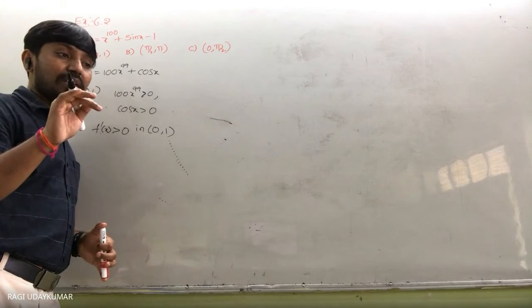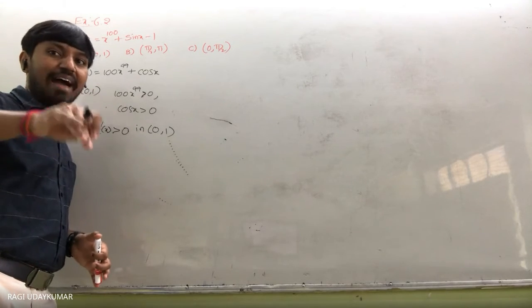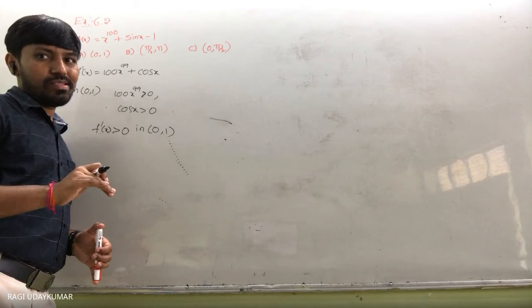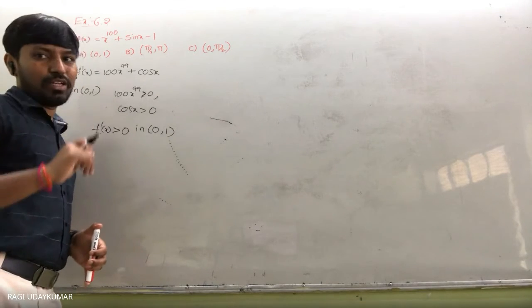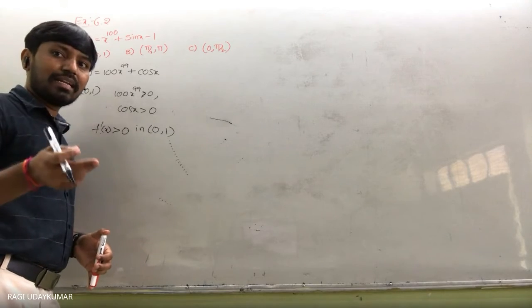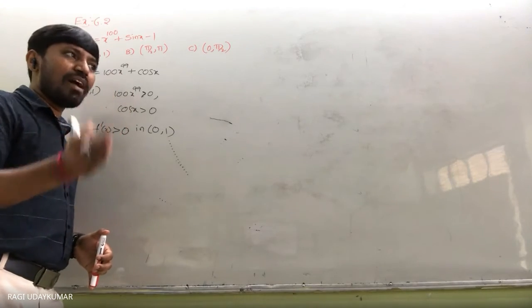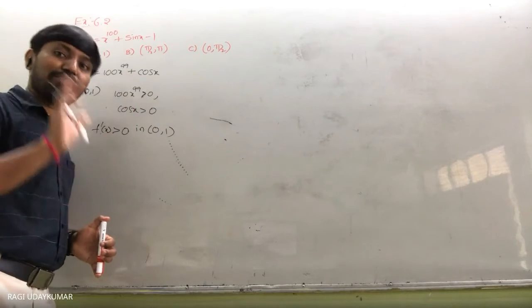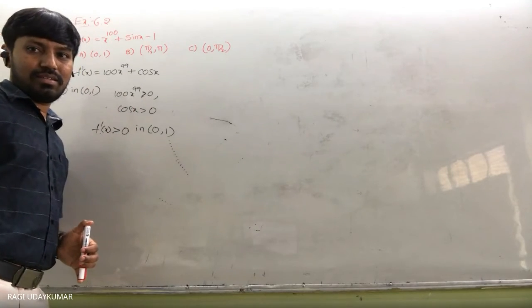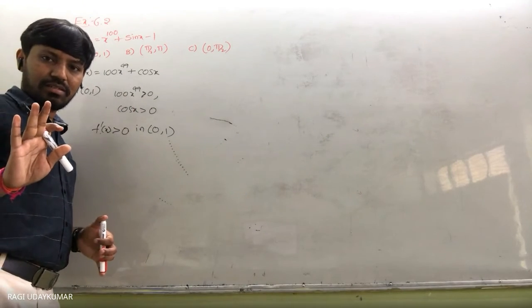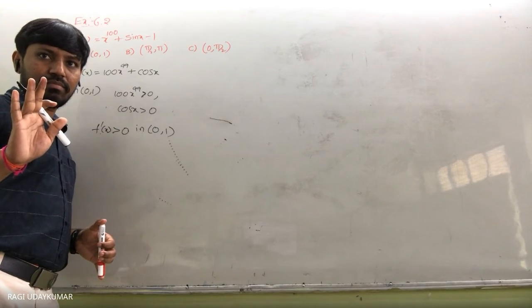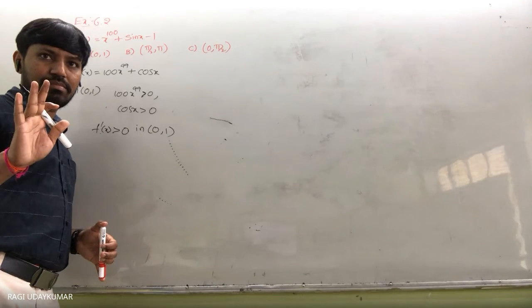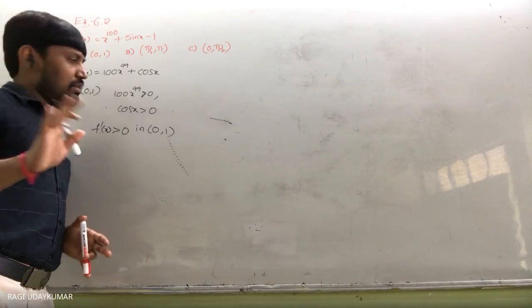Pi by 2 is half of 3.14, that is more than 1. So up to more than 1, it decreases from 1 toward 0, but stays positive. Isn't it? Is this point clear?